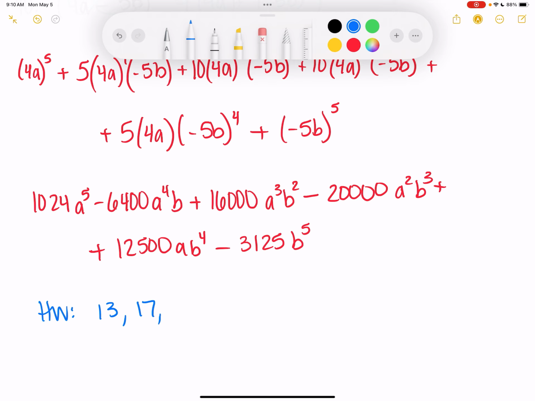Then the actual expansions, let's do 31, 33, 35, no, not 35, 37, and 41. Trying to give you a variety. Some positive, some negative ones. Some raised to an even power, some raised to an odd power. Wait, do you have one raised to an odd power? Yeah, you do. Okay.